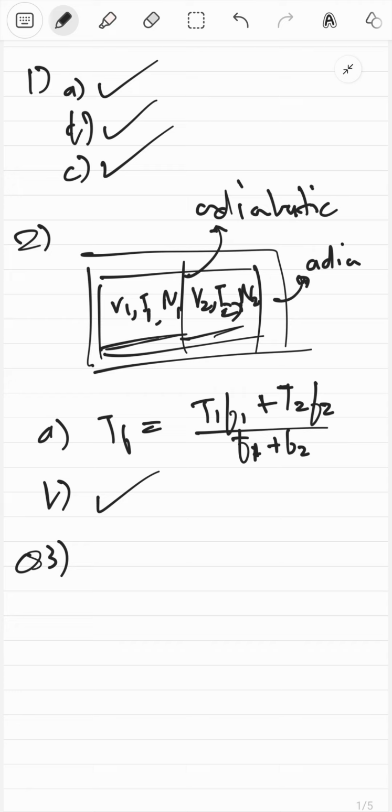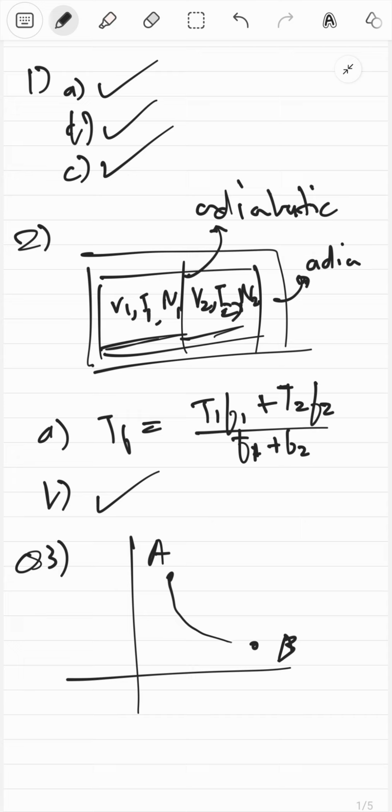So let's just go with the diagram first. What they have is a bunch of processes between two states A and B. One process is an adiabat. It's a PV diagram that we're talking about. A has pressure 10 to the power 5. This quantity is 8 times 10 to the power minus 3.